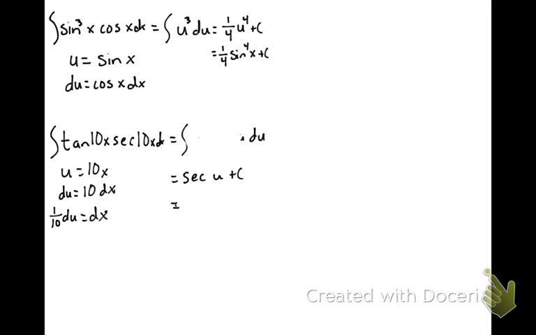Let's go back, I made a mistake in my hurriedness. This should have been 1/10 tangent u secant u, and the integral of that would be 1/10 secant u plus c, so we've got 1/10 secant of 10x plus c.